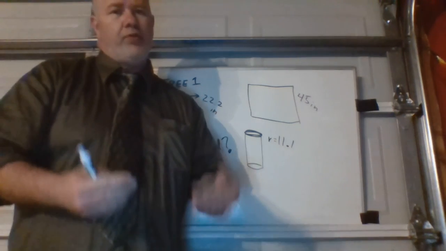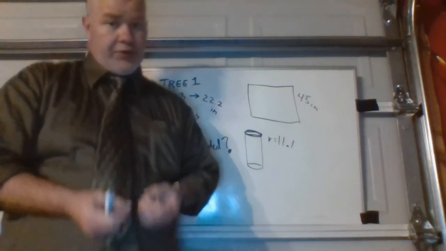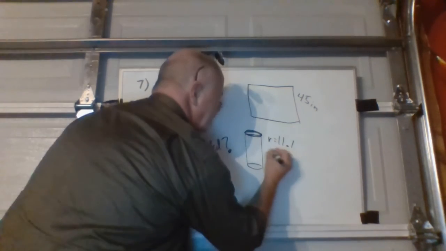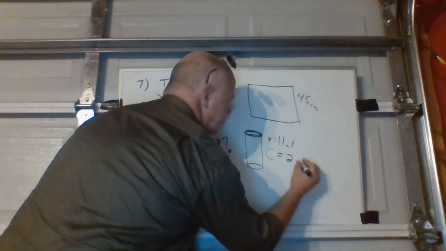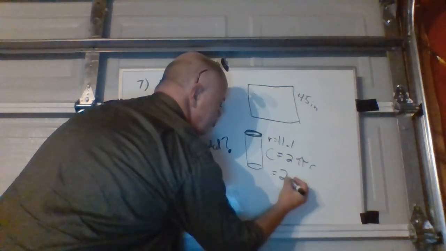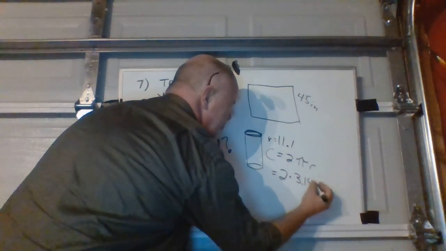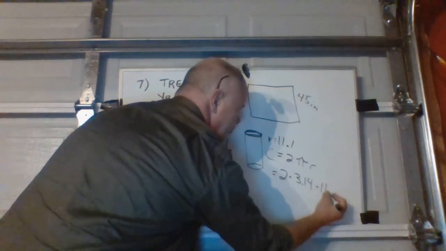The formula is given on the formula sheet. The circumference of a circle is 2 pi r. So we've got 2 times pi times the radius, which is 11.1.